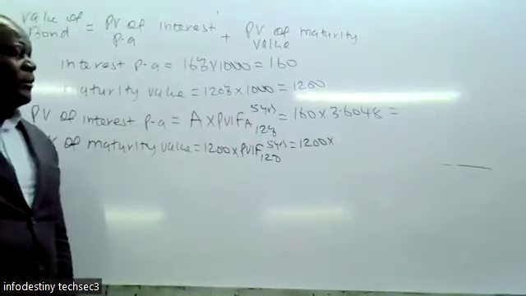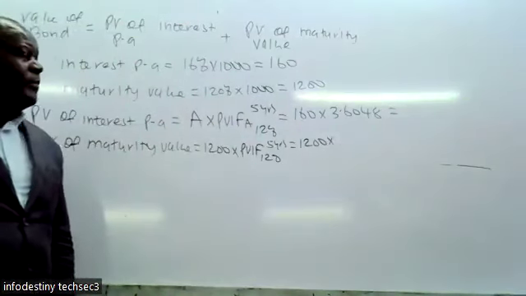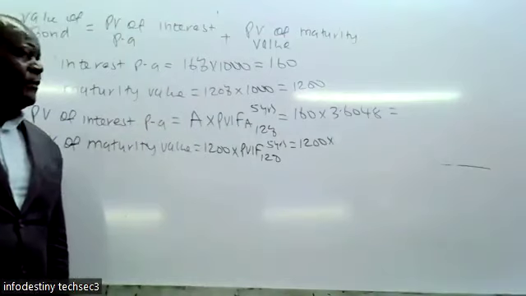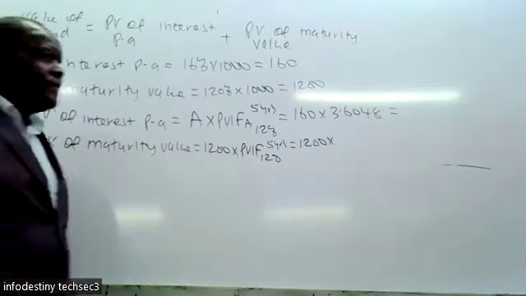So this one we use the single period table. 12% in year 5 is 0.8.